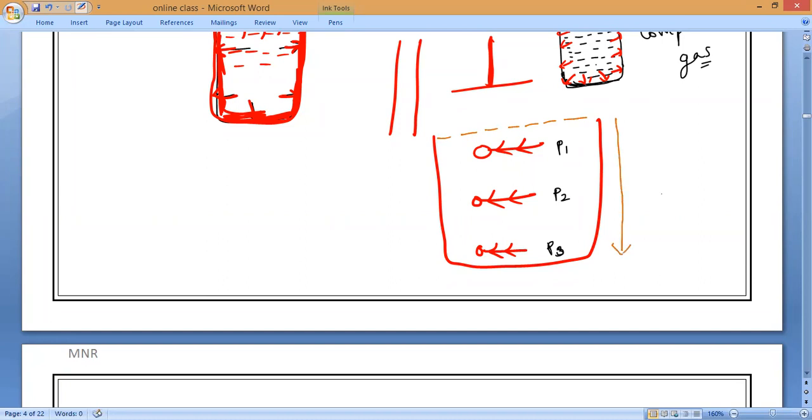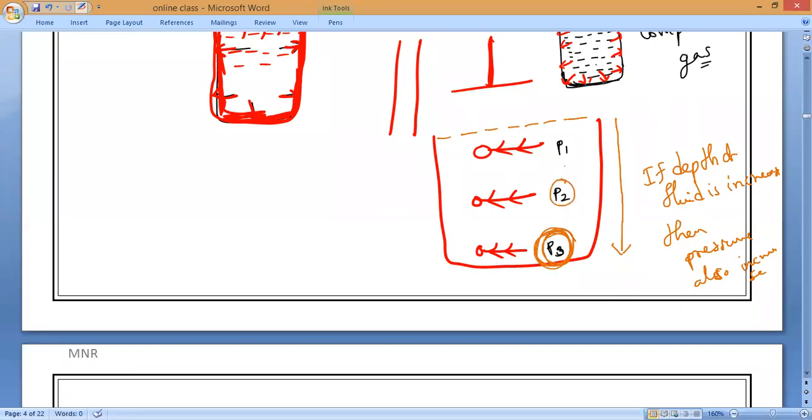If the depth of the fluid increases, then the pressure also increases. Understand, Mitakshri? Harish Jairaj? So the pressure at P3 is more than P2, and the P2 pressure is more than P1.